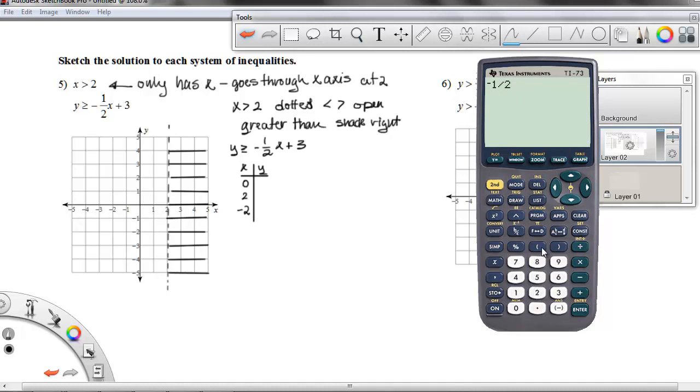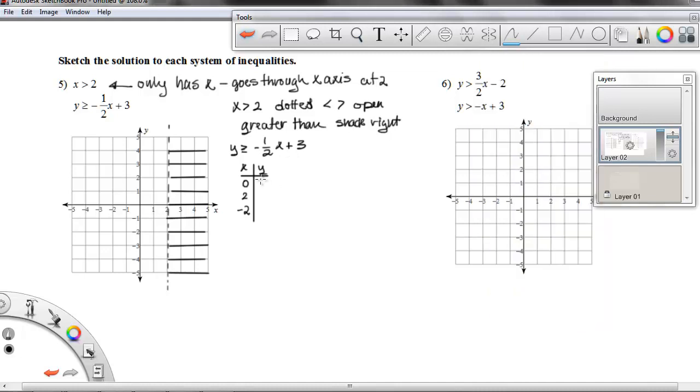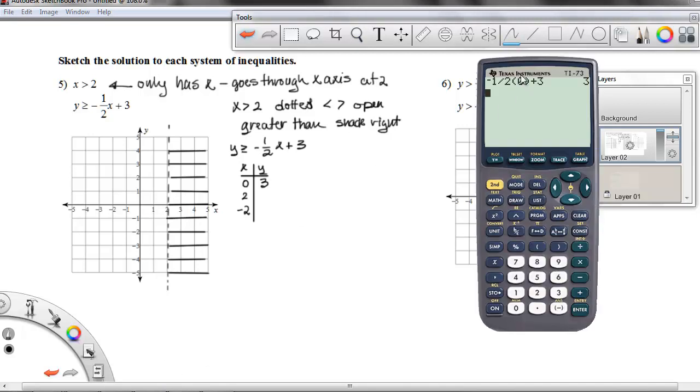Now we'll get out our calculator and figure the different values. Negative 1/2 x, where x is 0 for the first one, plus 3. So the first point is 0 and 3. Now we'll change that 0 to a positive 2, and that will give us a value of 2.